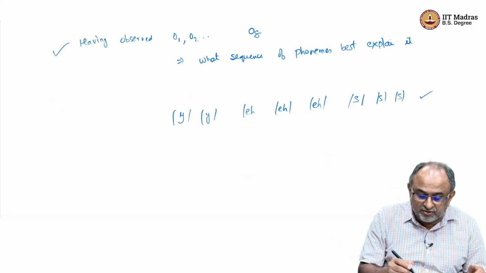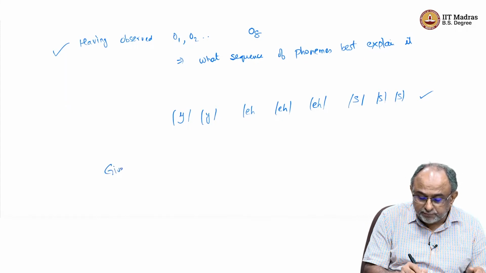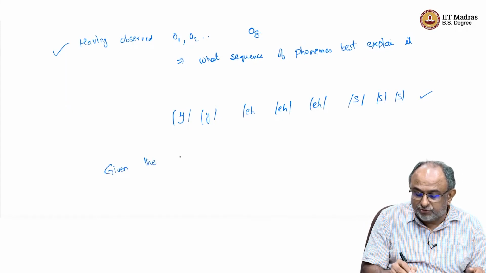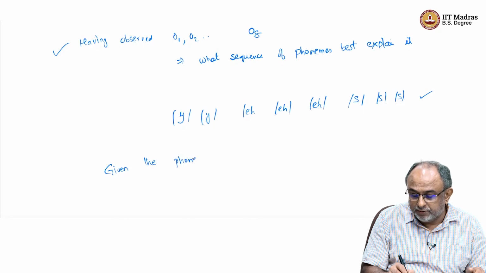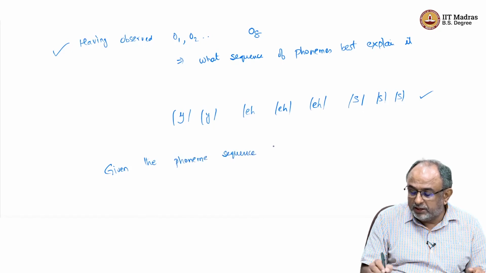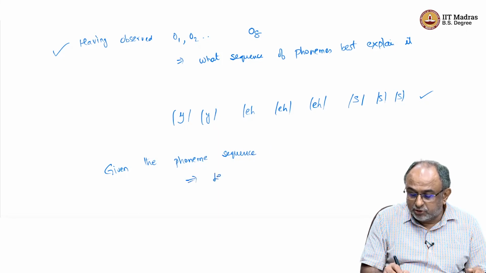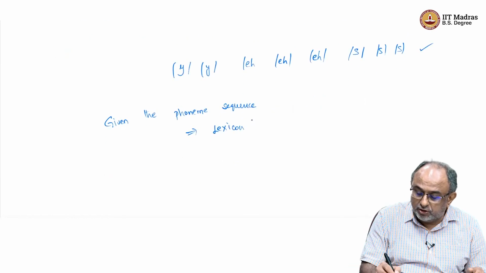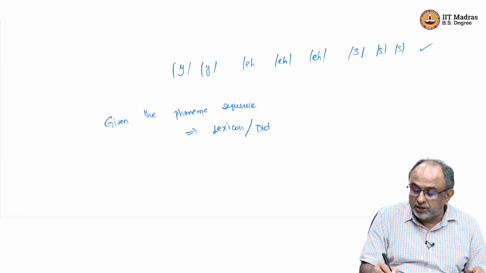And then given the phoneme sequence, I have the lexicon to find out the corresponding words. So the lexicon or the dictionary tells me what the corresponding words are.